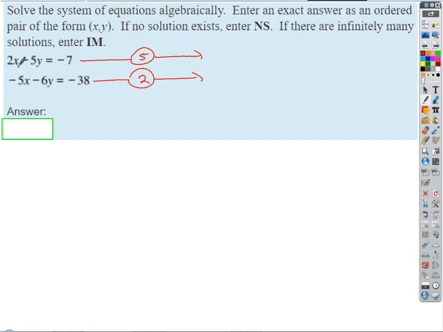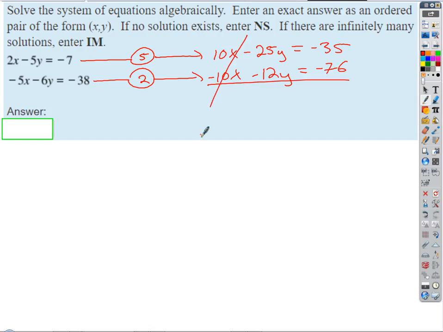What do I get when I distribute the 5 all the way through the top? 10x. Good, minus 25y equals, good, and the bottom one, negative 10x, minus 12y equals negative 76.